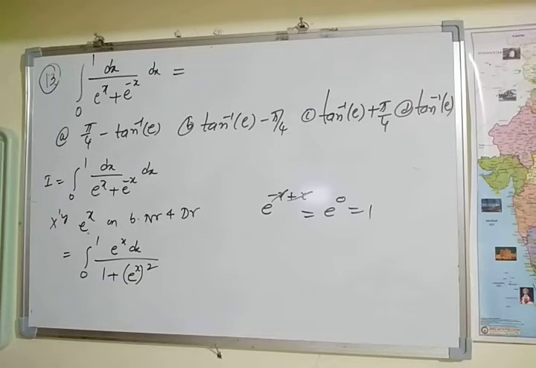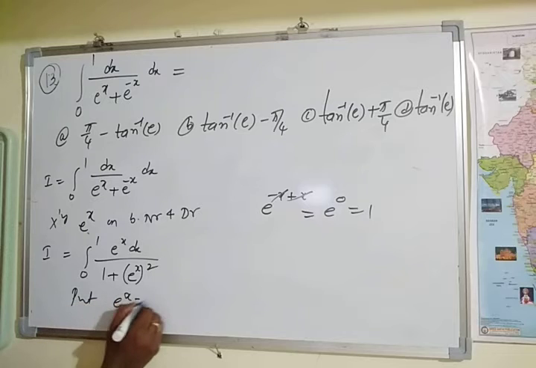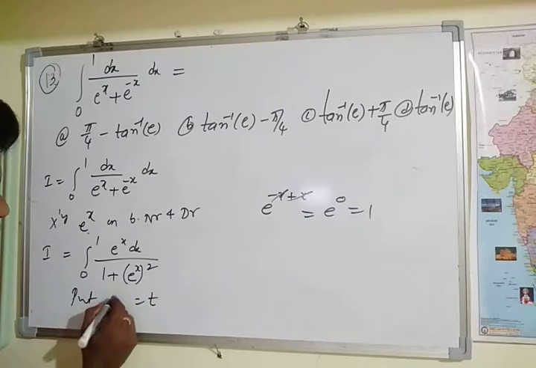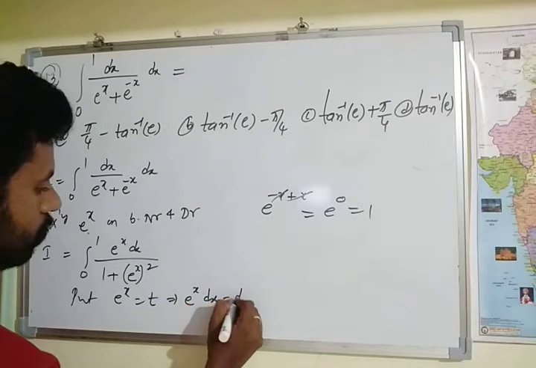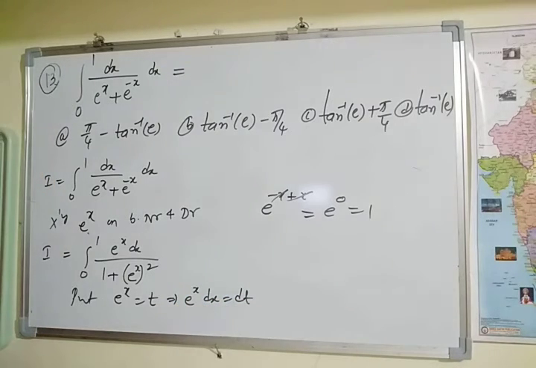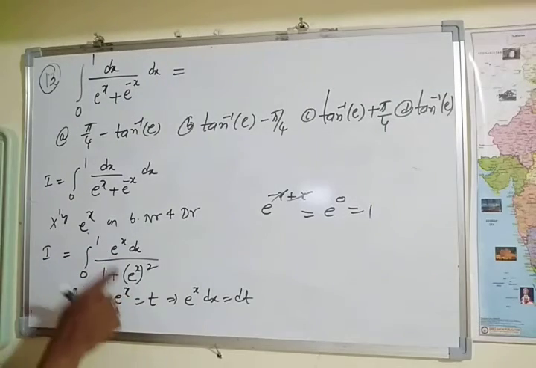Now using the substitution method, put e to the power x equal to t. The derivative of this term is e to the power x dx equal to dt. Now substitute e to the power x as t, we get 1 by 1 plus t square dt.